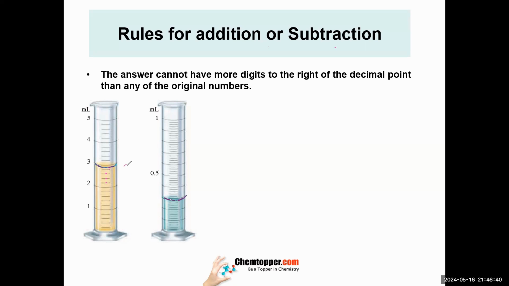So I'm estimating now. So 2.8, and after that I have to take one uncertain, estimated digit. So 2.85 milliliter. This 5 can be 6, it can be 4. We can have error in this 5. It's an uncertain digit. It's not marked here.